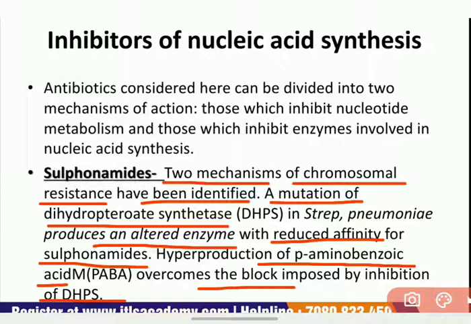The specific cause of PABA hyperproduction is still unknown, although chromosomal mutation is the probable cause. Duplication of DHPS, with the second version of the enzyme being resistant to the sulfonamides, is the cause of plasmid acquired resistance.